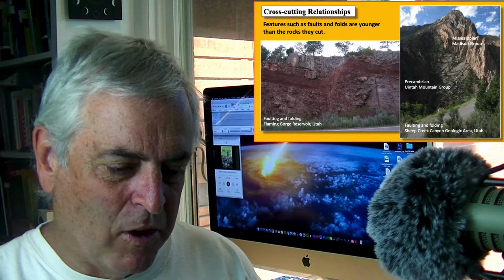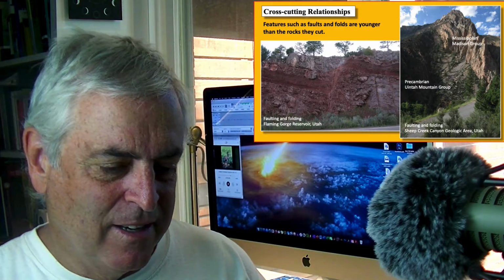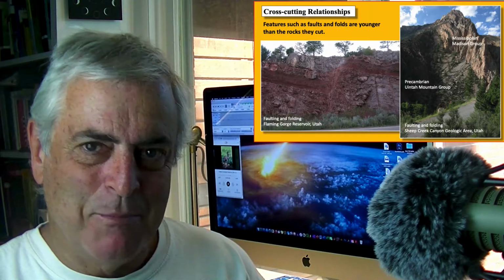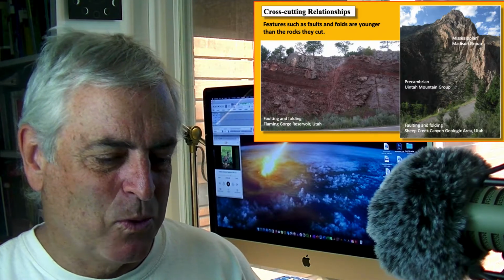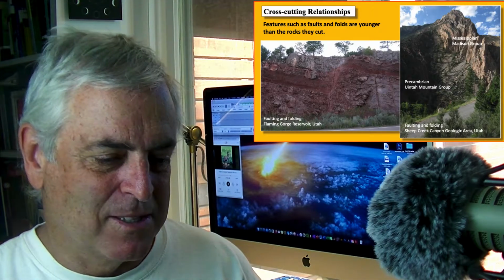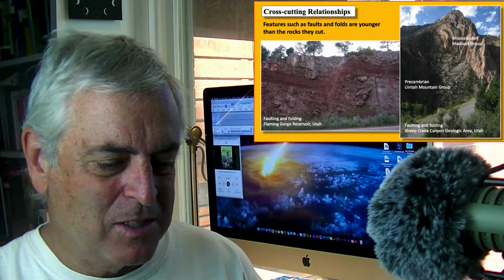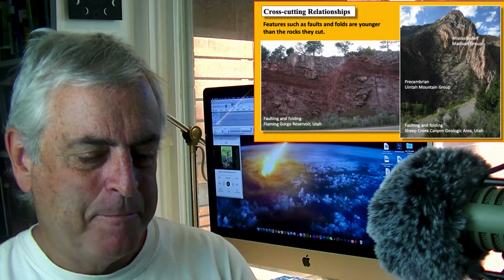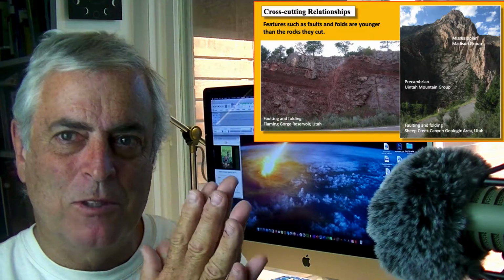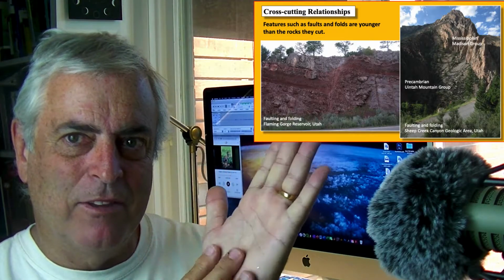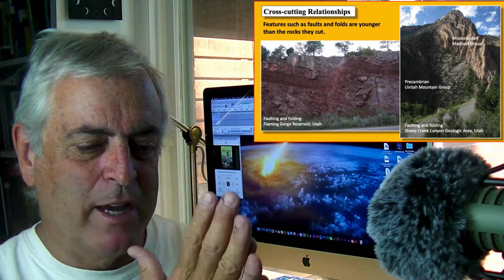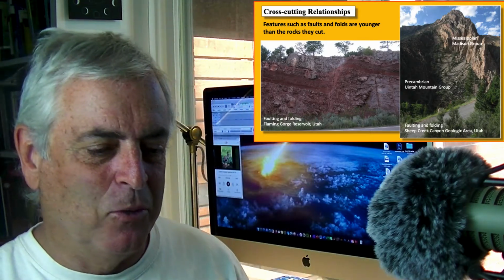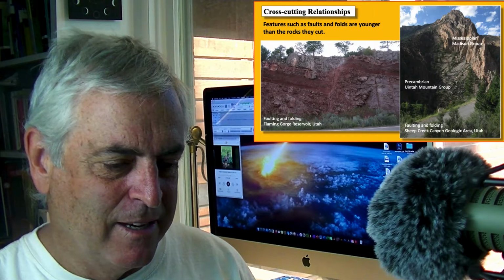The image on the right-hand side, there's Mississippian age rocks right up against Precambrian rocks there, mostly sedimentary rocks, I think, here, but that's the Uinta mountain group here. And so those are in fault contact as well, but it's kind of the Mississippian age rocks were kind of lifted up, if you will, on the right-hand side.